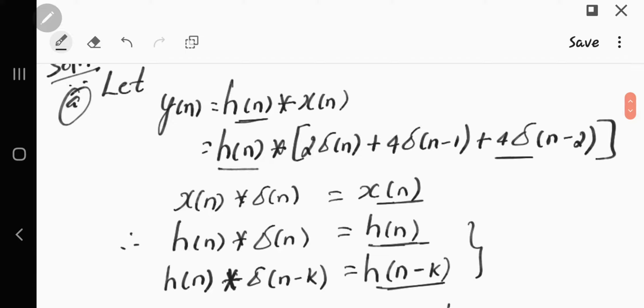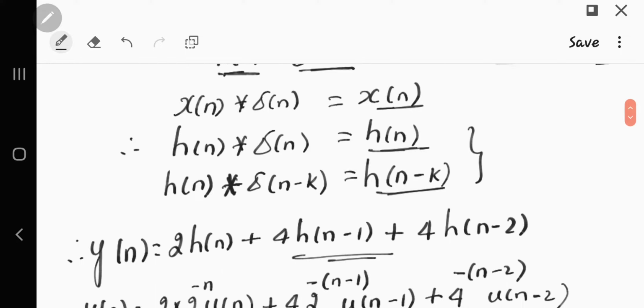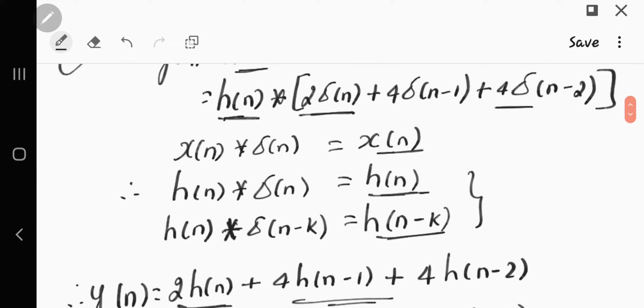You can see h of n is convolved with the entire x of n signal. When h of n is convolved with 2 delta n, we will get 2 into h of n. Then h of n convolved with 4 delta n minus 1: 4 is the amplitude, I am keeping it as it is, and h of n convolved with delta n minus 1 will give h of n minus 1.